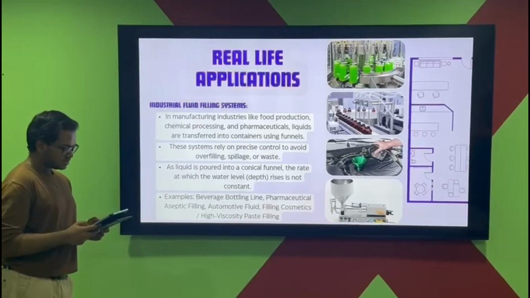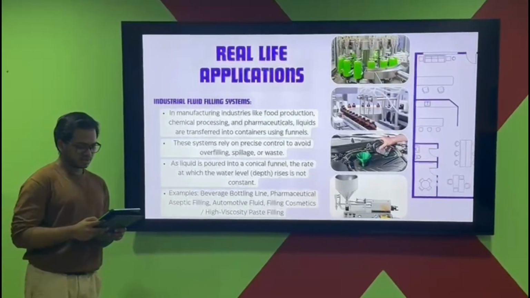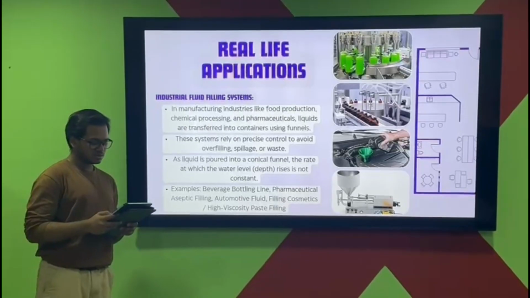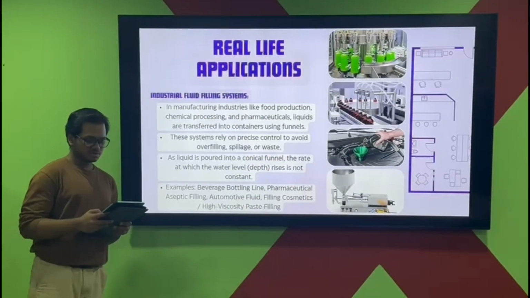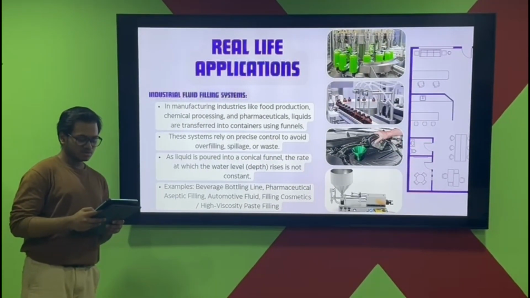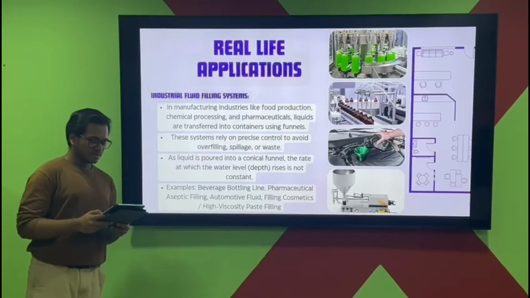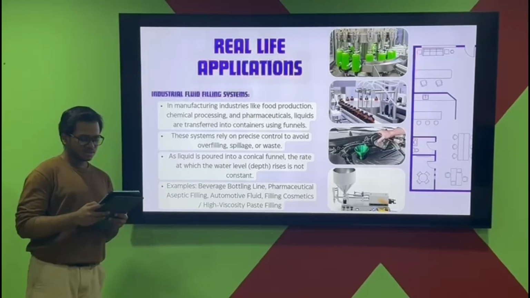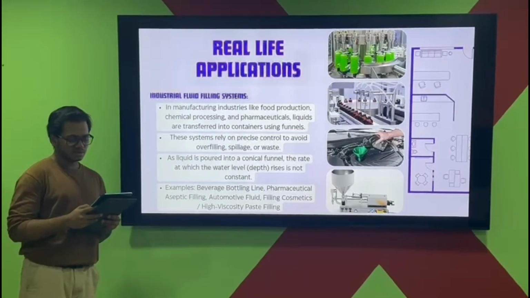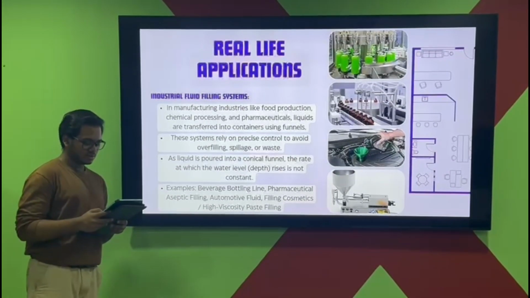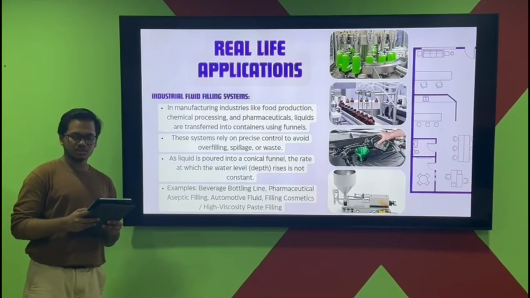In these industries, liquids must be transferred into containers in a clean, fast, and efficient way. That's where automated fluid filling systems come in. These systems are designed to ensure every container is filled with the correct volume, down to the last millimeter.